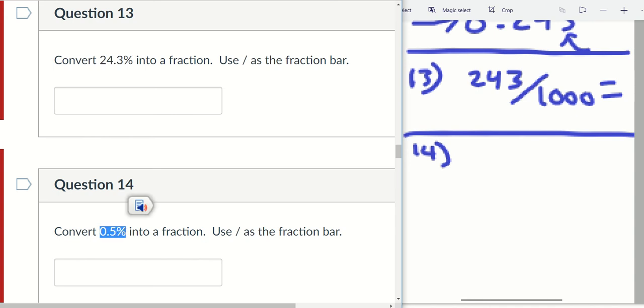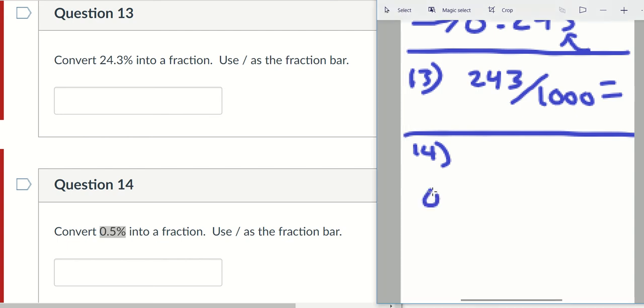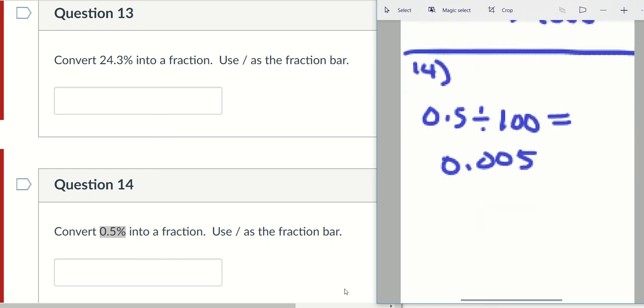Percentage to a fraction. So this is where a lot of students will forget to convert to a decimal first. So make sure you go from a percentage to a decimal first by dividing by 100. So once you get your decimal, now we can convert to a fraction.